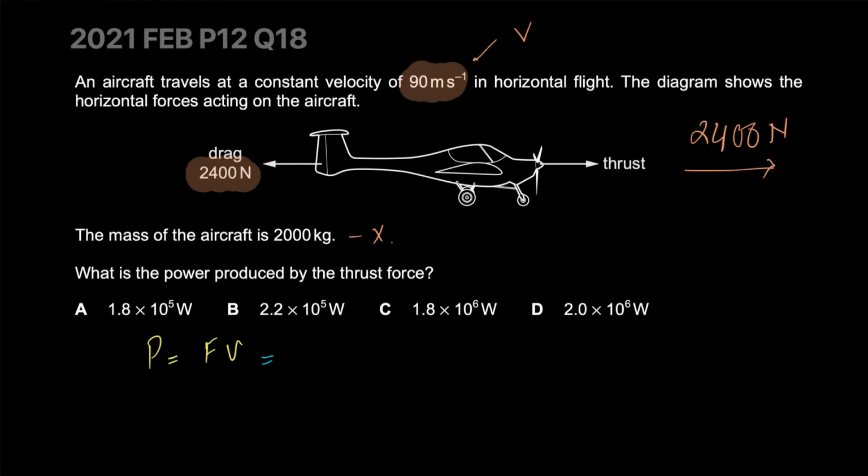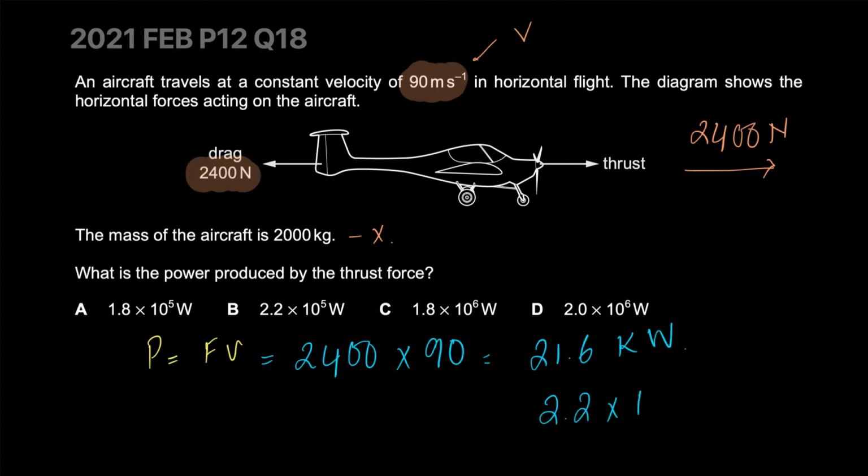So the force is 2400 and the velocity is 90, and the power I should be getting is 2400 times 90, 216 kilowatts. Do we have that? We have 2.2 times 10 to the power 4. I'm getting 4. They're saying 5 over here.